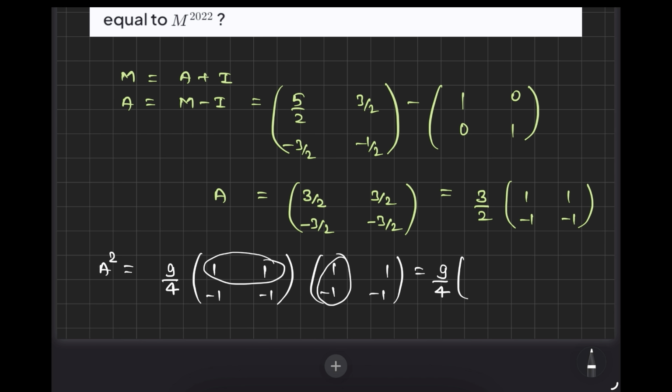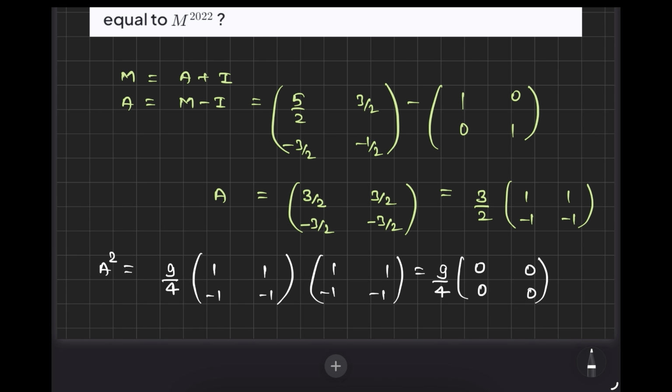So 1 into 1 is 1, and 1 into minus 1 is minus 1, that is 0. So this element becomes 0. Now to get a12, first row with second column, again 0. Then a21, second row first column, is minus 1 plus 1, again 0. Then a22, second row second column, again minus 1 plus 1, so it is 0. So we can say that A square is equal to 0.